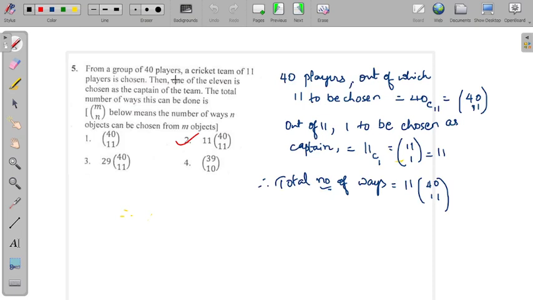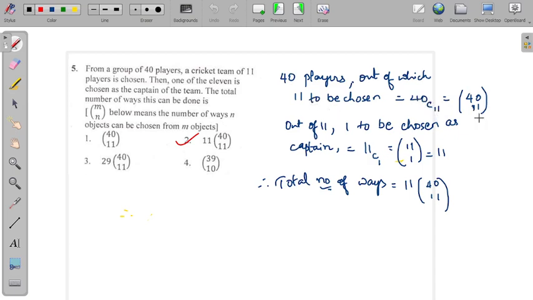Now from a group of 40 players, a cricket team of 11 players is to be chosen. Then one of the 11 is chosen as the captain of the team. The total number of ways this can be done is, MN means it is M objects, selecting n objects, that is NCR formula kind of thing. Now first what we should do is, out of 40 players we have to select 11 players, so that can be done through 40C11.